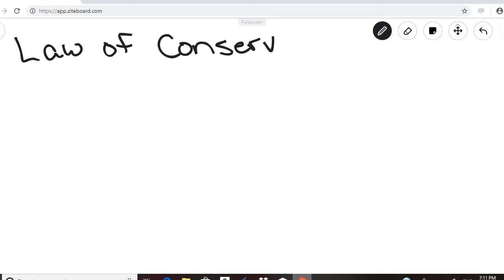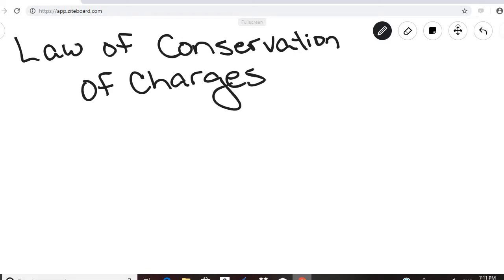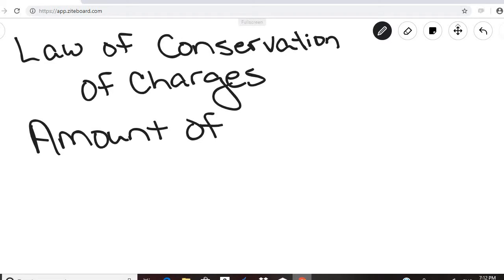With regard to electrical charge, we have the law of conservation of charges. So in the same way that we have the law of conservation of energy, we have the law of conservation of charges. And this law states that the amount of electrical charge in the universe is constant.